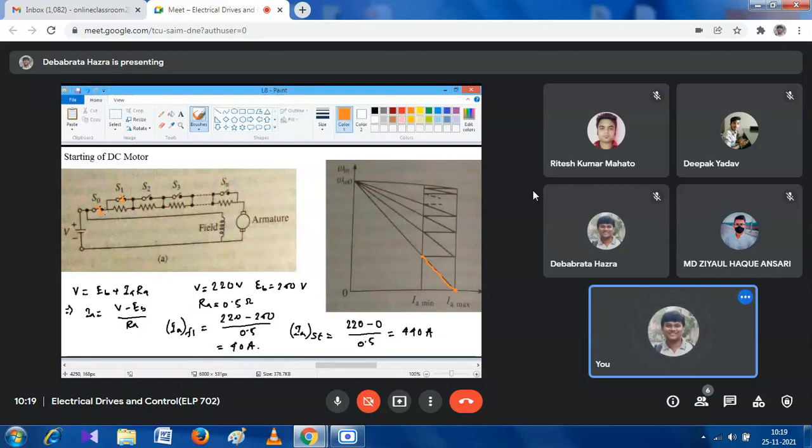And suppose at the time the value of armature current is I min, we close the switch S1. Then at that time what will happen? The resistance will decrease step by step.